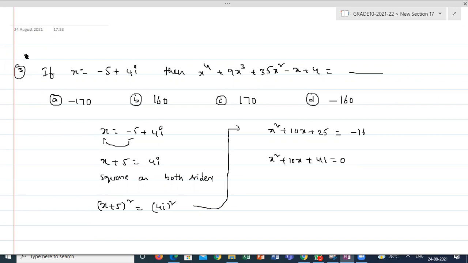We can find the factors of this, and then we can take one factor and divide it with f of x. Sir, we can factorize this equation, right? x square plus 10x plus 41. Okay. But how I can relate it to this equation here?